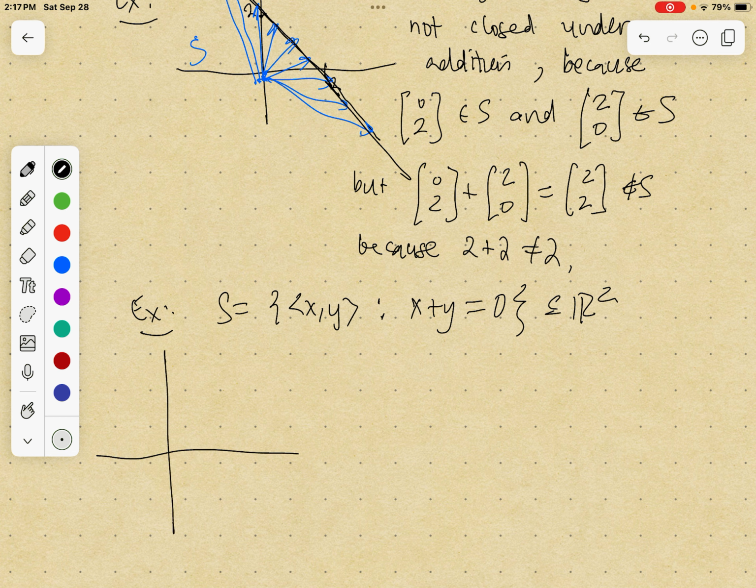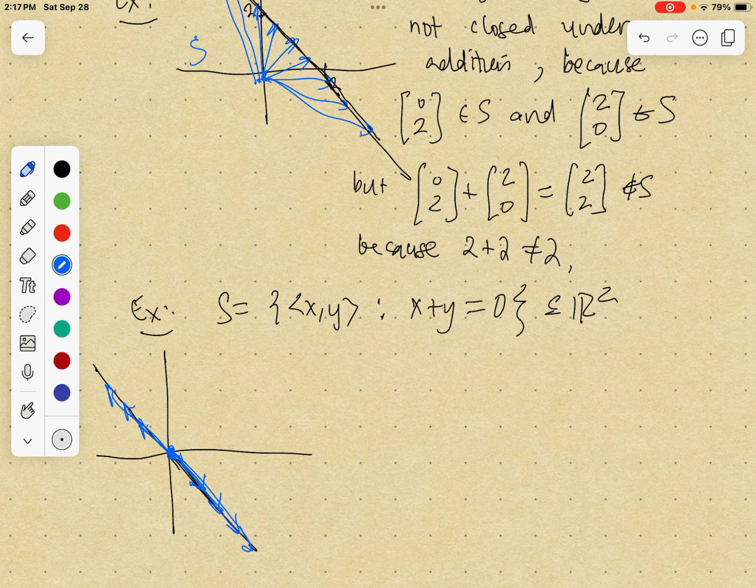Well, the answer is yes. It looks like this is just y equals negative x, so it's going to be this line, right? It's all the vectors where the tail is at the origin and the tip is on the line. So this is your set S.